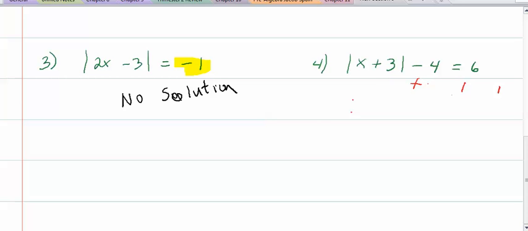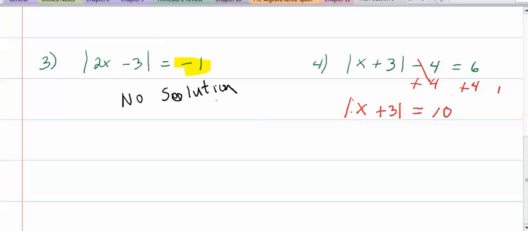I'm going to add 4 to both sides. I'm going to add 4 to both sides. Now, on this one, I have absolute value of x plus 3 is equal to 6 plus 4 is 10. Now, at this point, we're going to do exactly the same thing. We're going to make two problems, one positive, one negative.